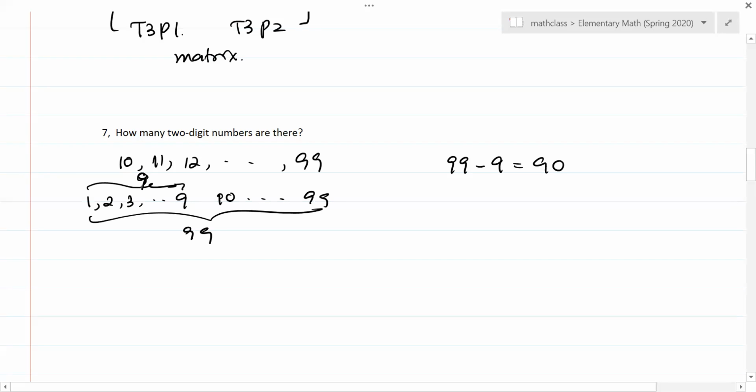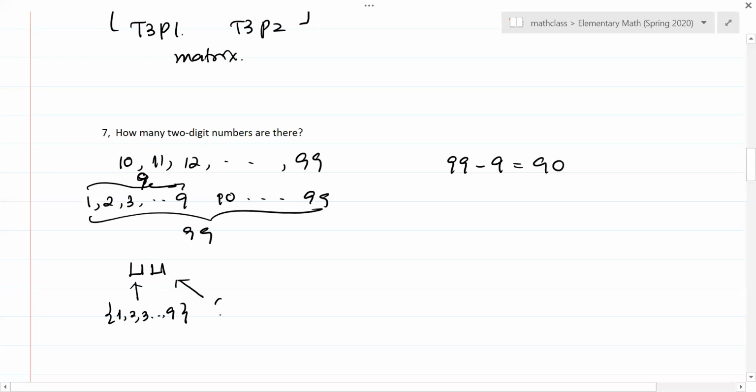But there's another way to view a two-digit number. A two-digit number is actually a combination of two digits. For the first digit, the tens digit, how many choices are you going to have? You have 1, 2, 3, all the way to 9.